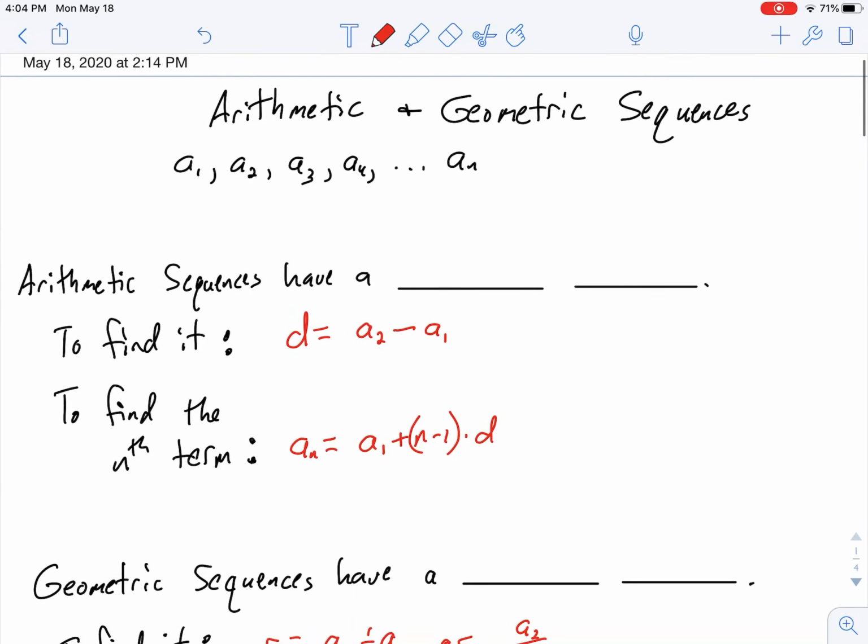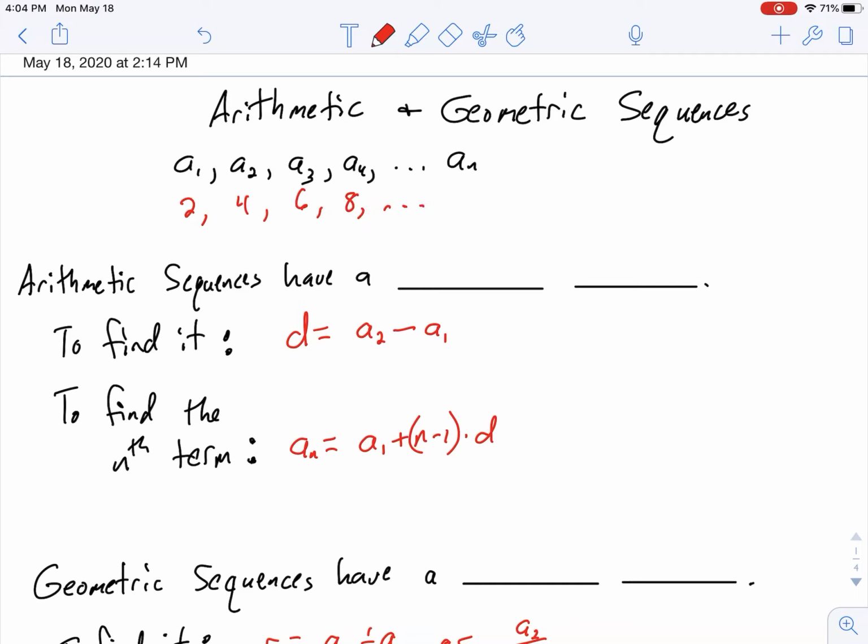A1, as you can see here, A2, A3, A4, dot, dot, dot, AN. That is a symbolic way to represent a number pattern. So just take something really basic like 2, 4, 6, 8, dot, dot, dot.